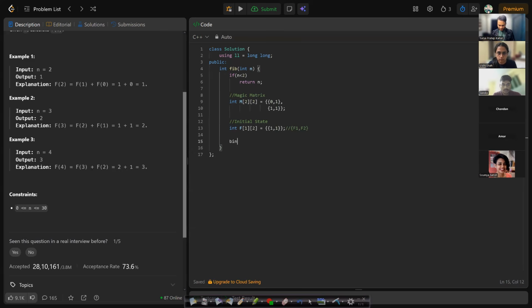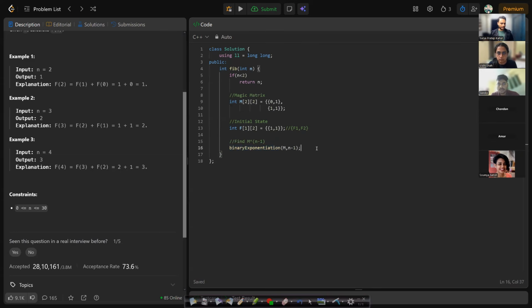I have to do binary exponentiation. And what should be my power? It should be m to the power of n minus 1. Okay, fine. So if I have to give the comment, then find m to the power of n minus 1. Fine. So let's write this.